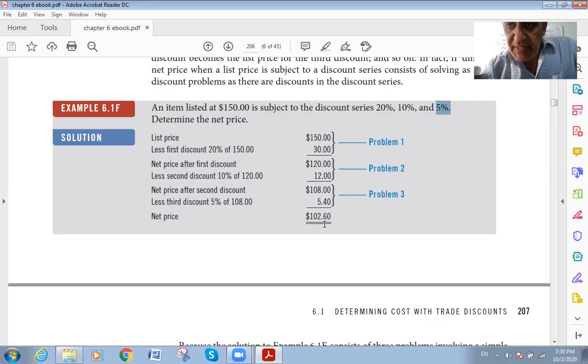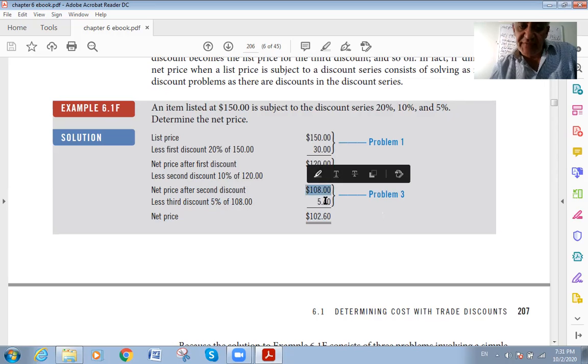The net price of a stage is considered the list price of the next stage. Then you will multiply by the discount of this stage, till you reach the end. The third stage is 5% of the 108, not of the 150, of the 108 of the third stage. So it will give you $108.6.